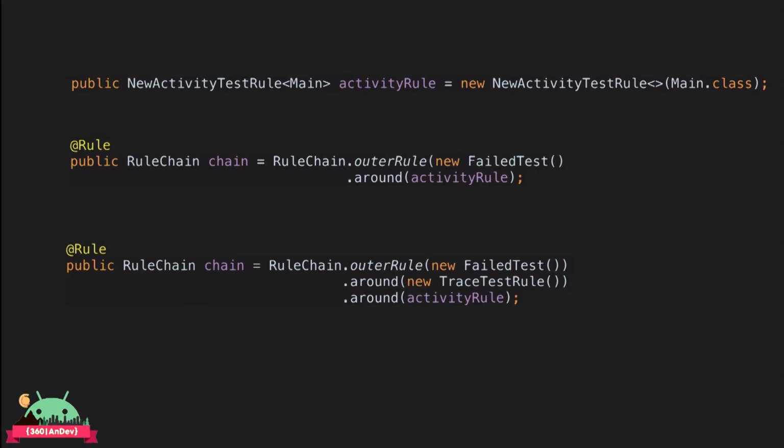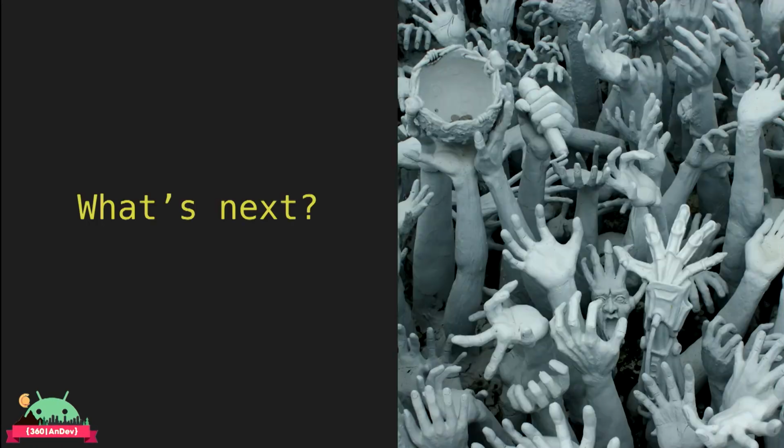But I can go further, and I can create my rule chain where the outer one takes the screenshot if something goes wrong. Then I want to perform operations to measure the performance or whatever around the activity. So with one chain rule, I can do a lot of operations, and that's very good because it removes a lot of boilerplate that you have to do in every interaction with the test rules.